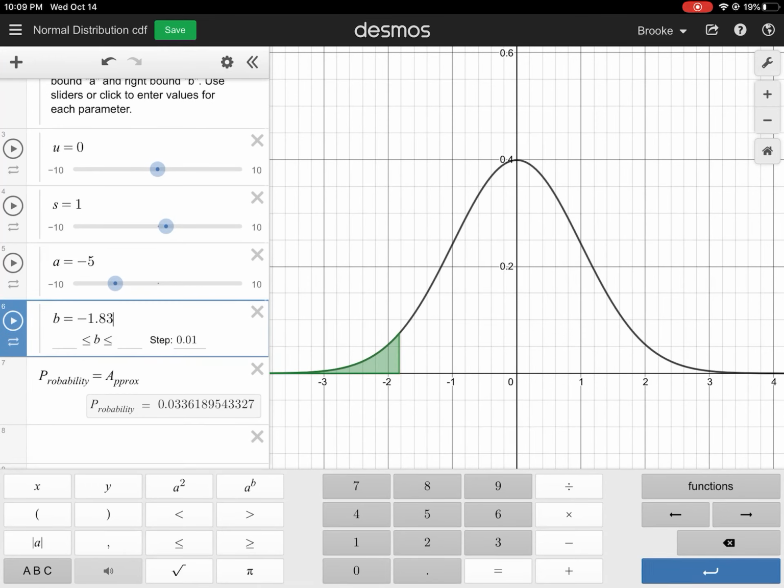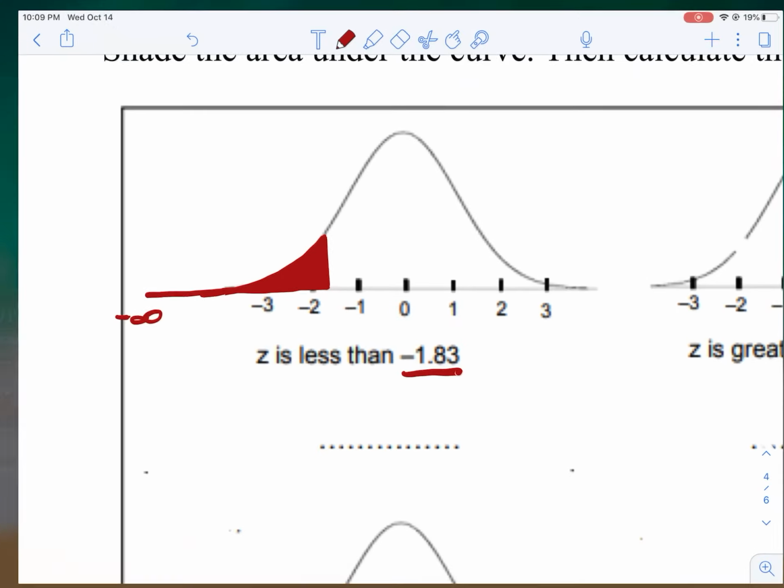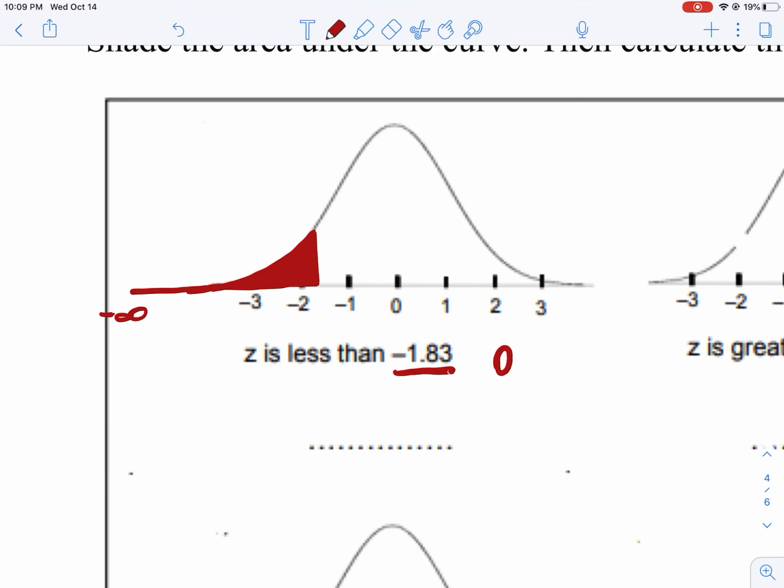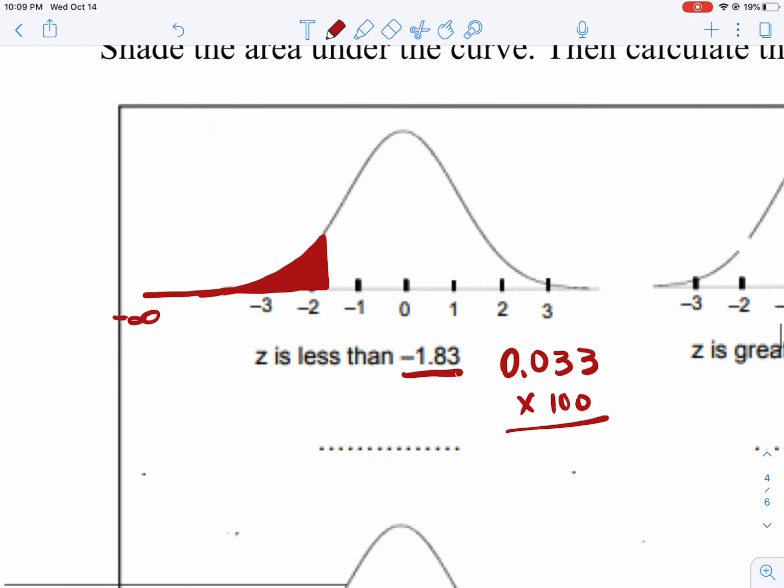Once I do that in my calculator, you can see on line 7 it lists the probability as 0.033. I multiply that by 100 to change it into a percent, so this becomes 3.3%.